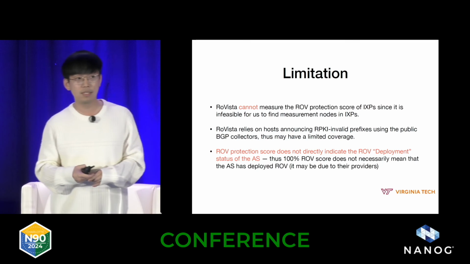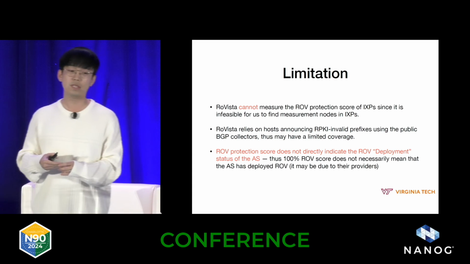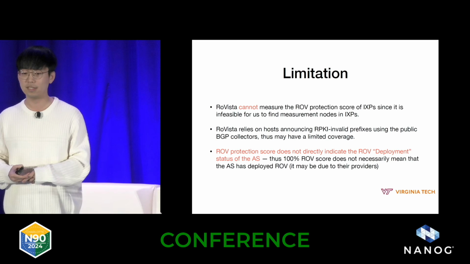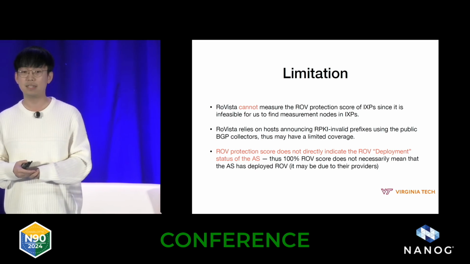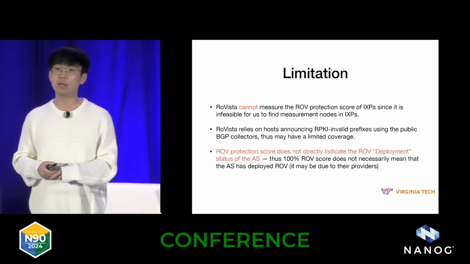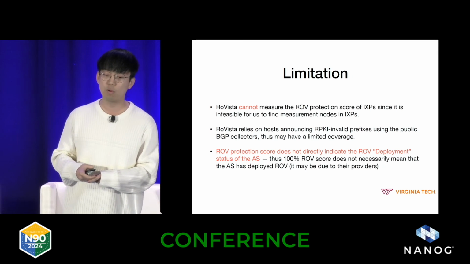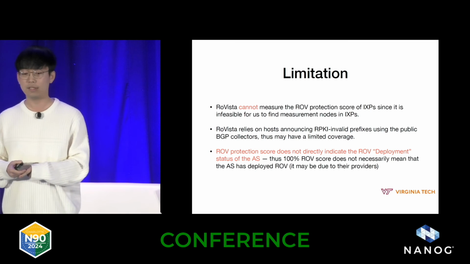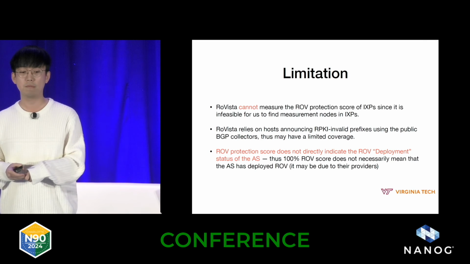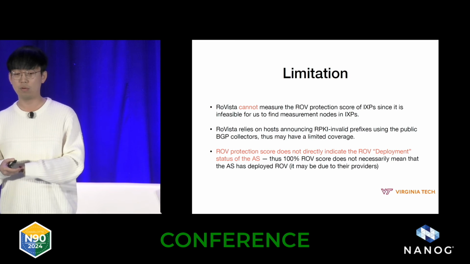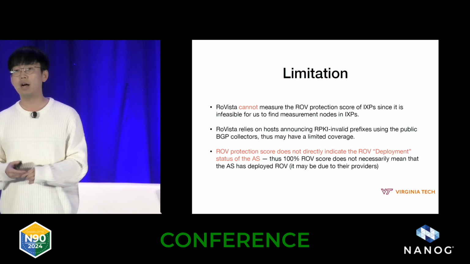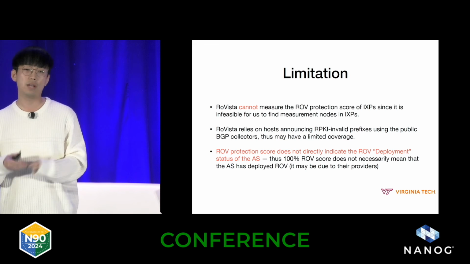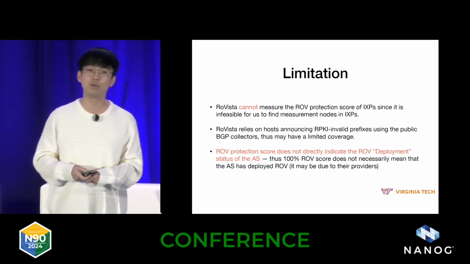The second one is that we rely on a host announcing RPKI-invalid prefixes using public BGP collectors like RouteViews and RIPE RIS, so we may have limited coverage. The last one is that the ROV protection score does not directly indicate ROV deployment. So a 100% ROV score does not necessarily mean that the AS has deployed ROV. Our team is working on another project to identify who is actually doing ROV.